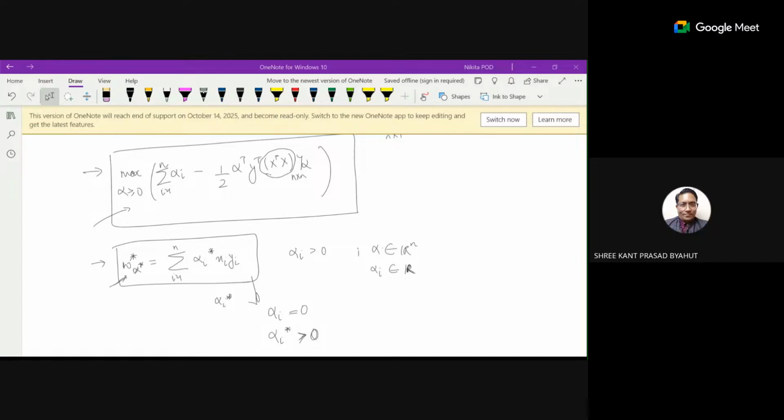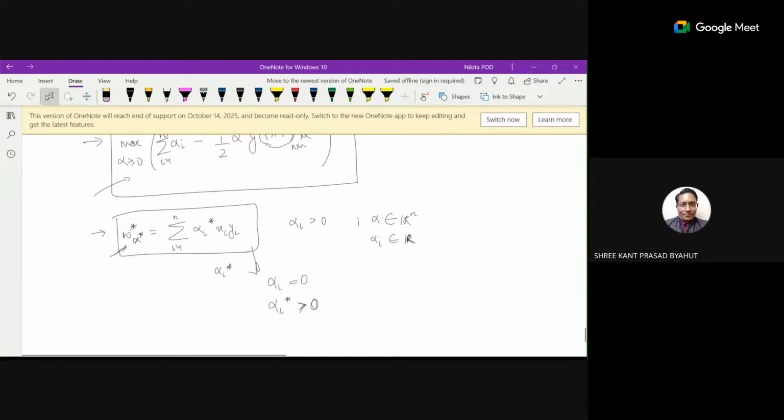What I understand is that not all values of alpha are greater than 0. Only some values of alpha i greater than 0 will contribute, and we will get them by solving the soft margin SVM. Am I right? Yeah, that is the part of SVM to find the actual alpha i.